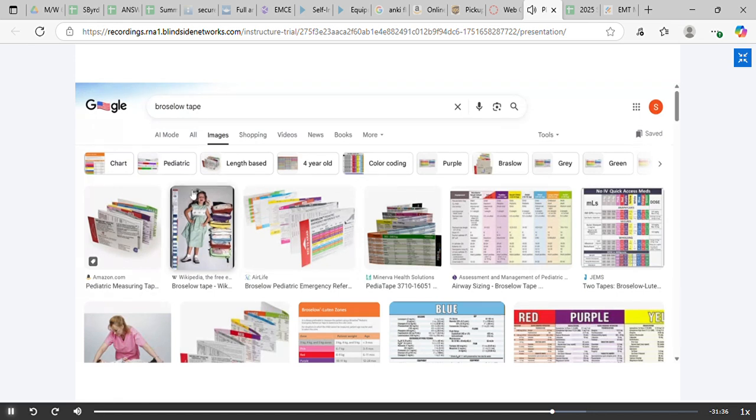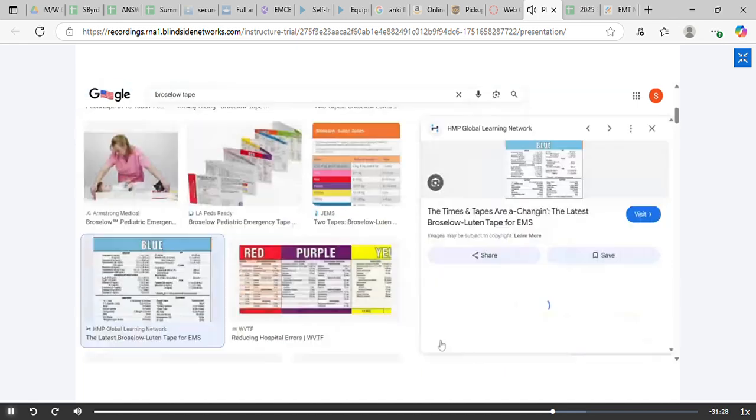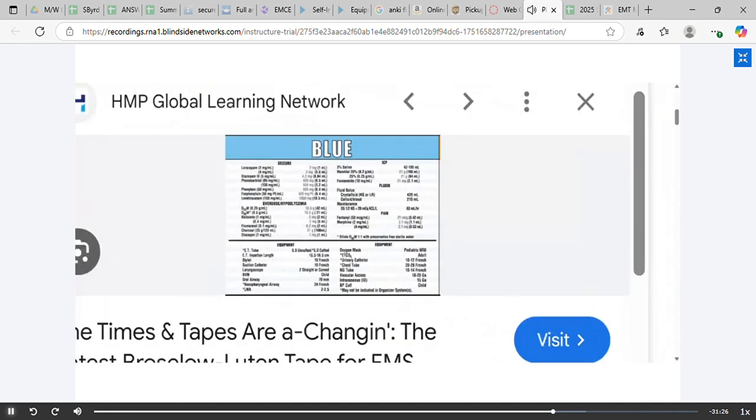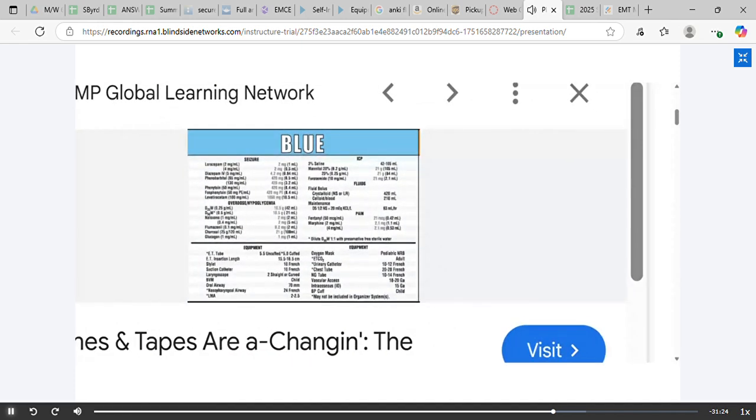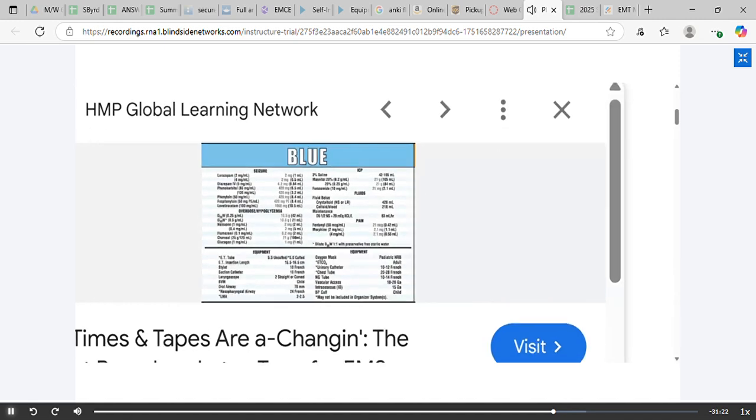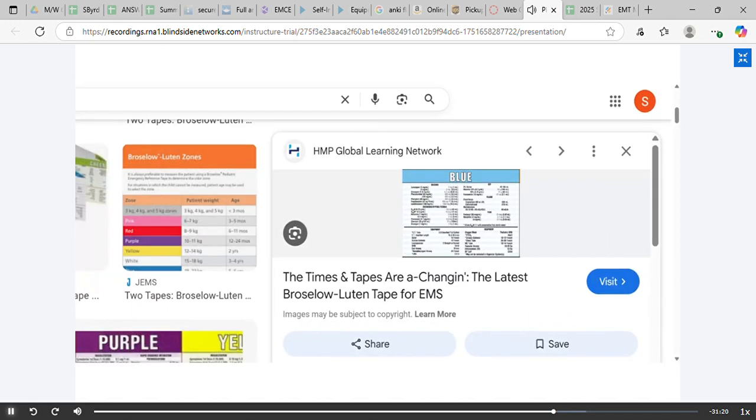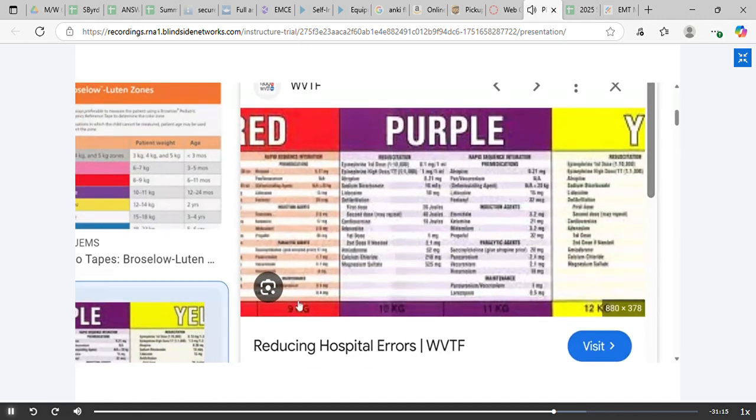So you put one end at the head and you're basically measuring them. And wherever their foot ends, in whatever color scheme, that's going to tell you the approximate weight of your patient. This is one side, but it'll tell you the approximate weight of your patient. Like, here we go, this one's actually better. You can see how it's got 9 kilograms, 10, 11, things like that.